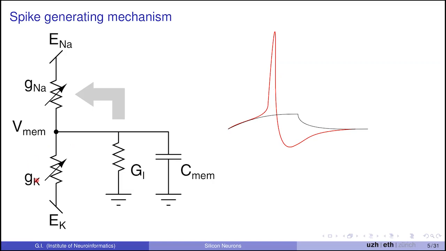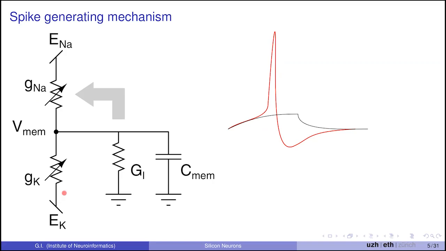And in fact, because these are slower than the sodium channels, when you go below the threshold, the sodium channels close. There is no more current going in. You're only discharging. And because the potassium channels are slow, you keep on discharging for even longer. And that's why you go even below the resting potential. So if you start from some resting potential, whenever you go up, you spike.